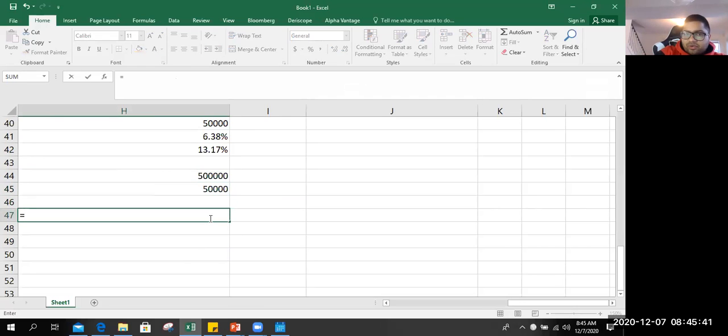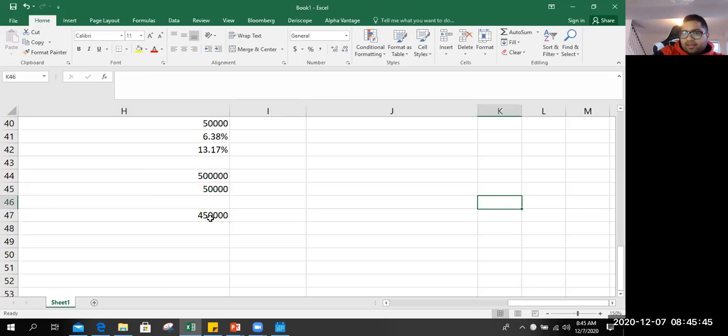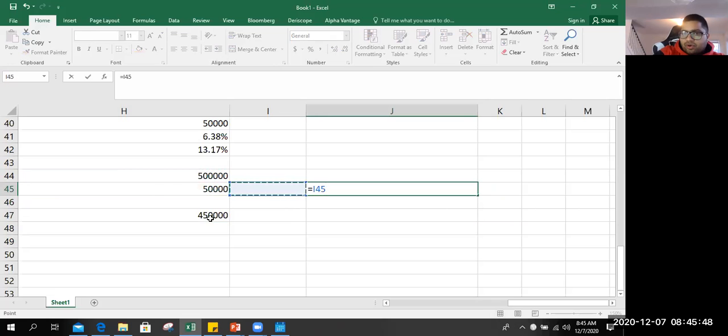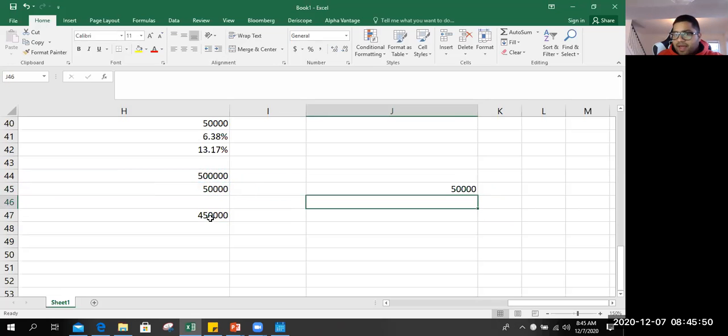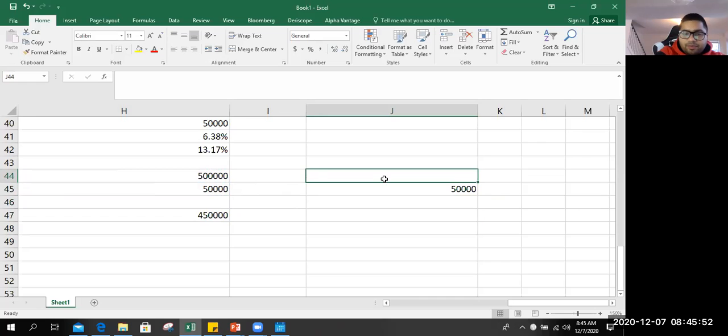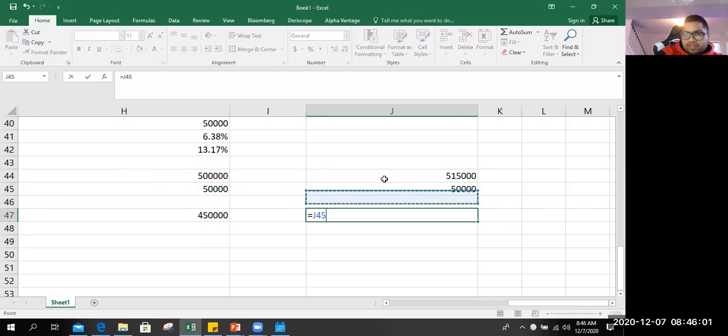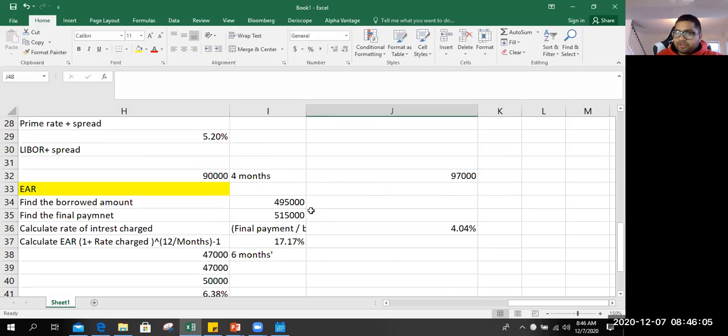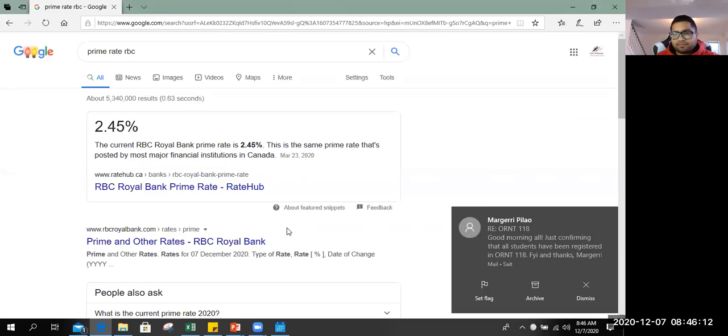So you will actually only get 450. When the loan matures, you already have $50,000 with the bank and you have to pay 515, that is 500,000 principal plus 15 interest. So you actually have to pay 465. Then you can follow these steps to find the interest rate charge and effective annual rate.